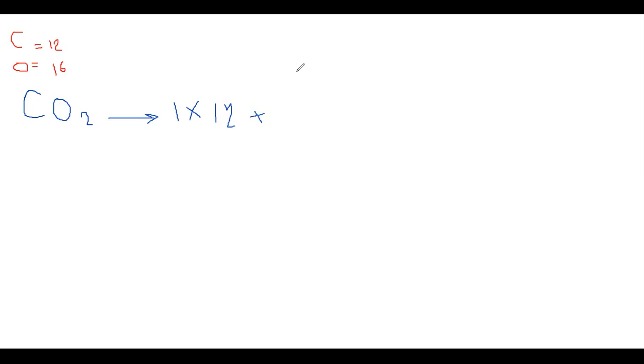This is 12, plus 2 times 16. What is the number of oxygen atoms? 2. And the atomic mass of oxygen is 16.